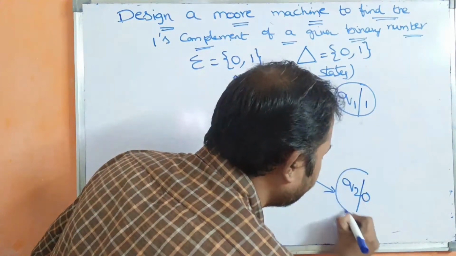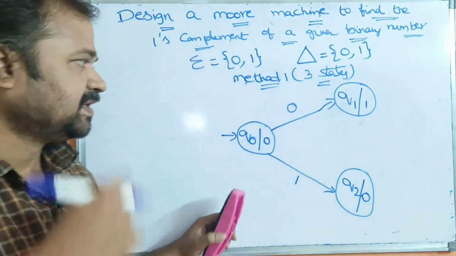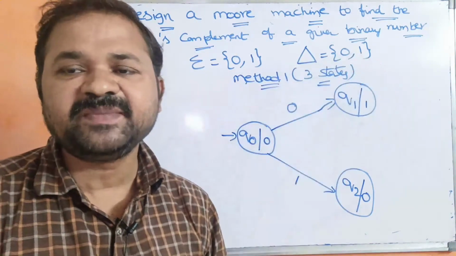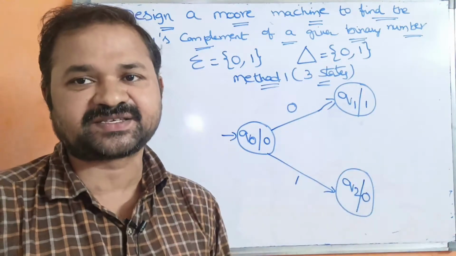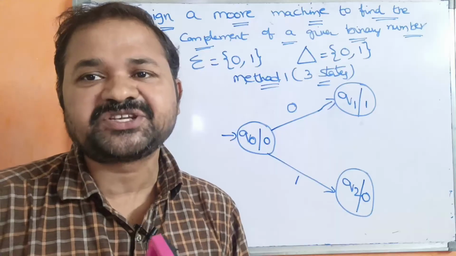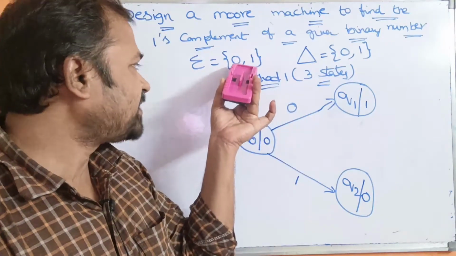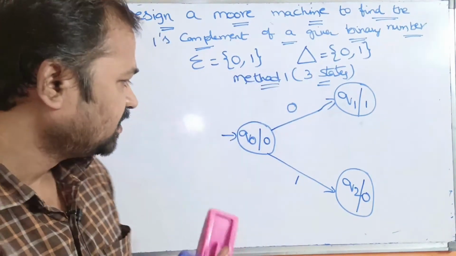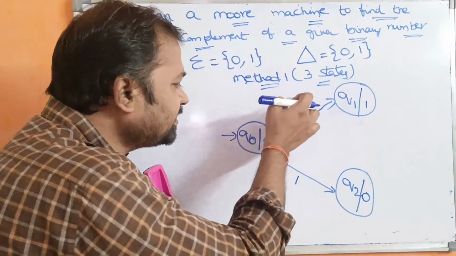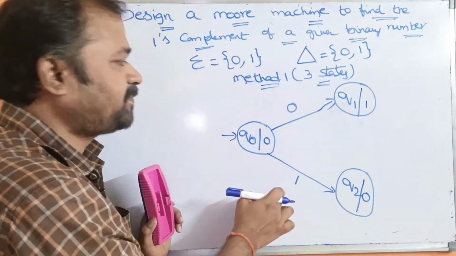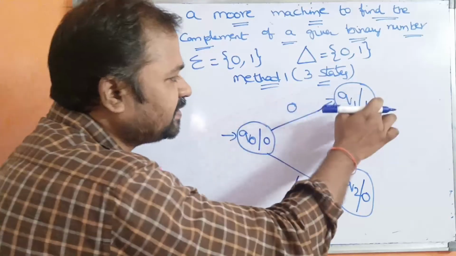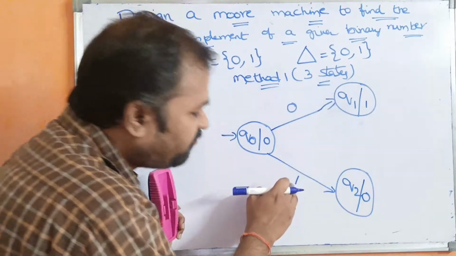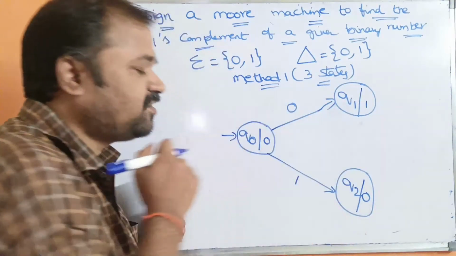So the output of Q2 is 0. Next, Moore machines and Mealy machines are nothing but DFAs. So each state must use the symbols present in the input alphabet. So here on Q0, 0 is applied as well as 1 is applied. If 0 is the input, then 1 is the output. If 1 is the input, then 0 is the output.